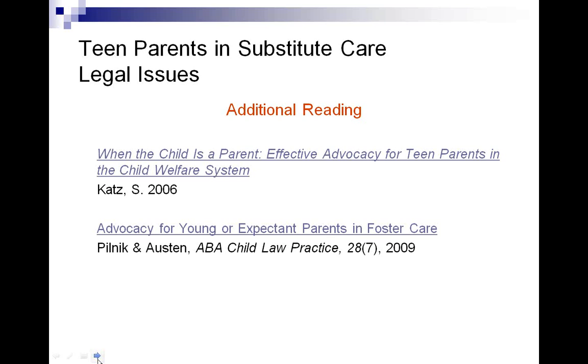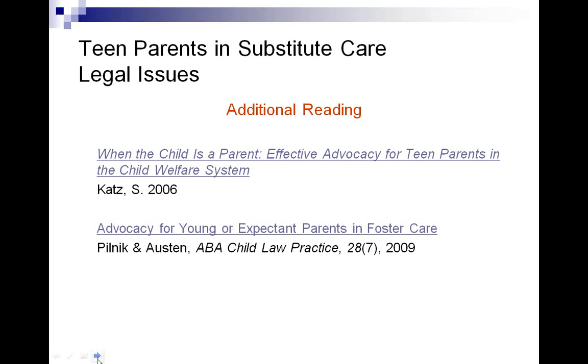So in conclusion, although this isn't particularly scientific research, this case review does suggest that there are a lot of players in the child welfare system that could and should perhaps work on improving how we handle these cases.